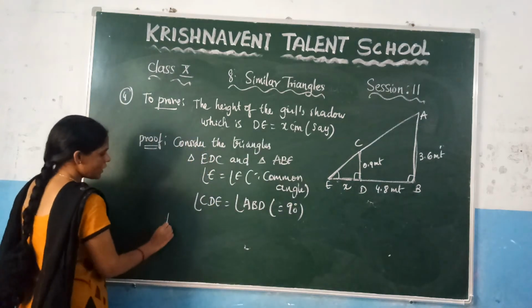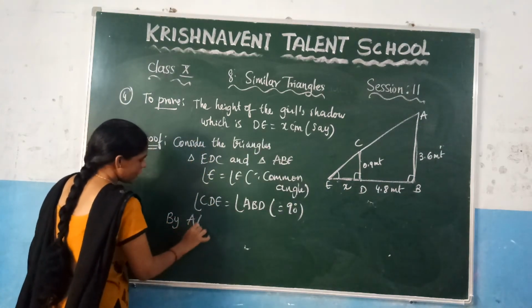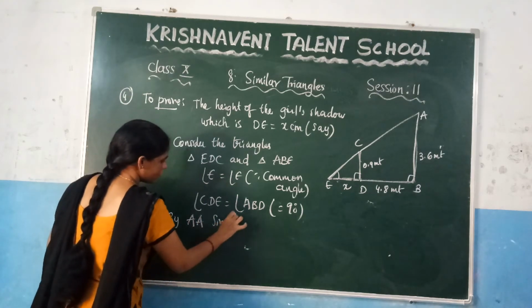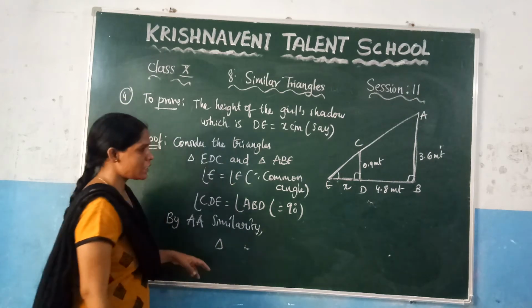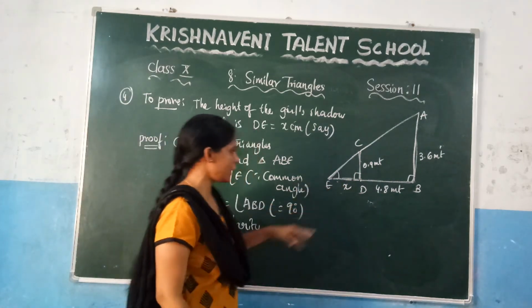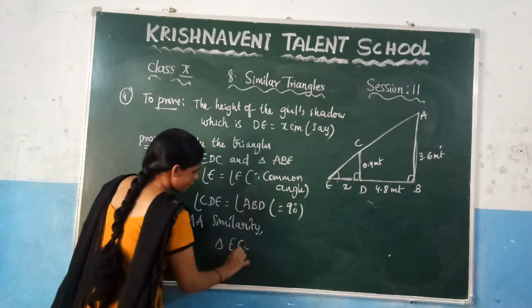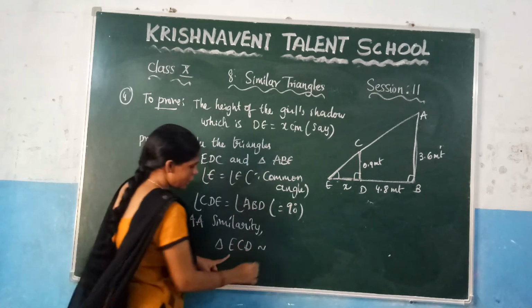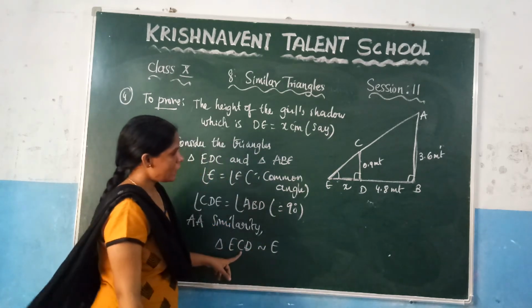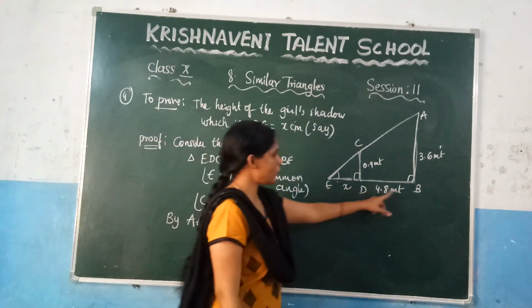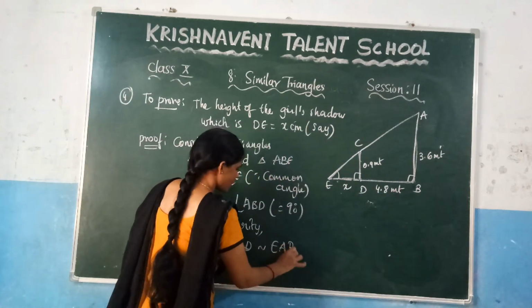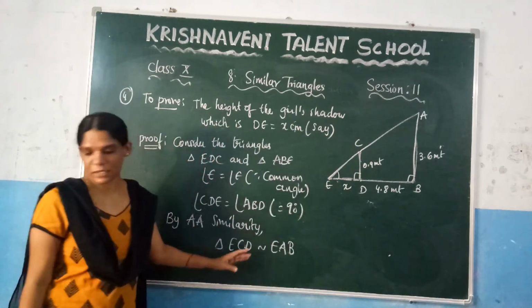So since these two angles are equal, by angle similarity, we can say that these two triangles are similar. What are those? ECD is similar to, in place of E you can write E here. In place of C you can write it here A. In place of D you can write it here B. So here these two triangles are similar.